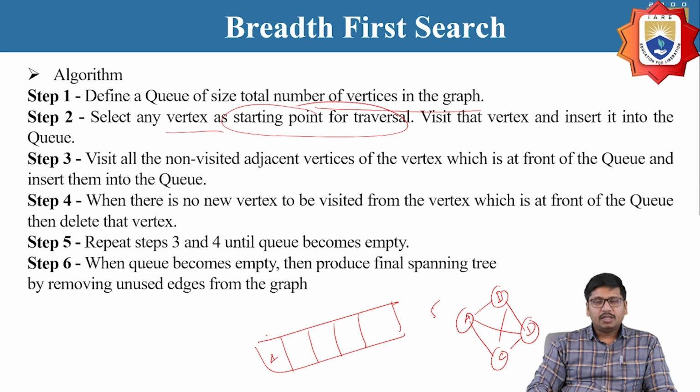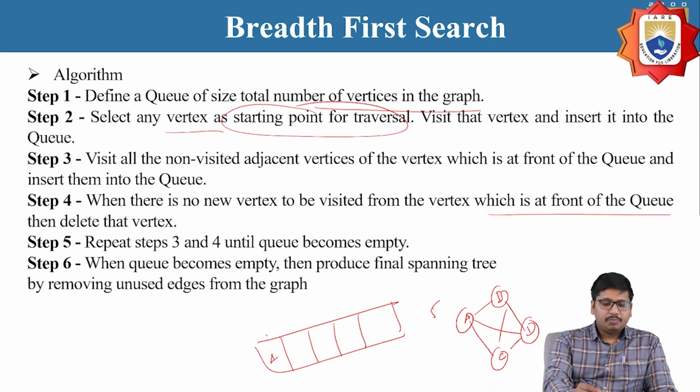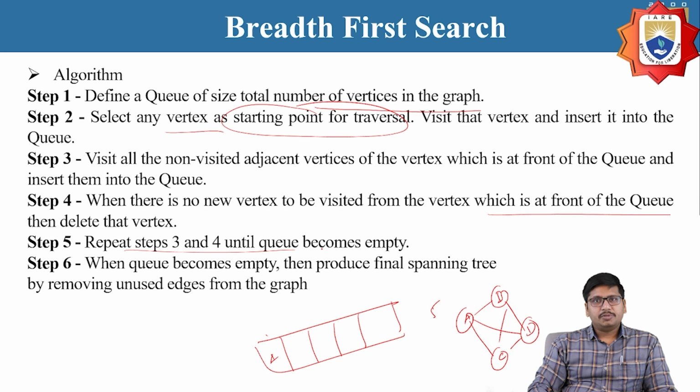When there is no new vertex to be visited from the vertex at the front of the queue, delete that vertex. Repeat these steps until the queue becomes empty.